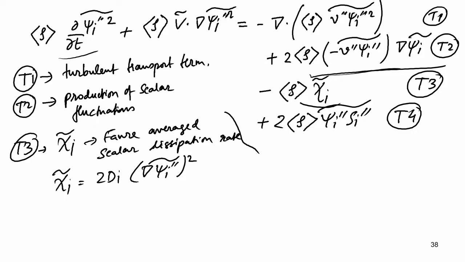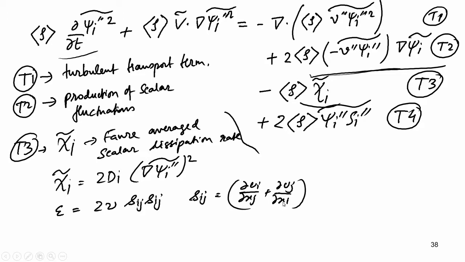Just remember it was like 2 nu S_ij fluctuation. Here also, S_ij is the velocity gradient. If you remember, epsilon, the turbulent kinetic energy dissipation rate, was nothing but twice nu S_ij, whereas S_ij is equal to du_i dx_j plus du_j dx_i. So this is exactly analogous to that term. Production happens to this term and dissipation happens to this term.